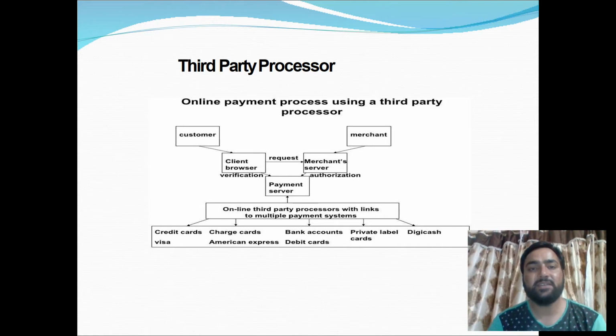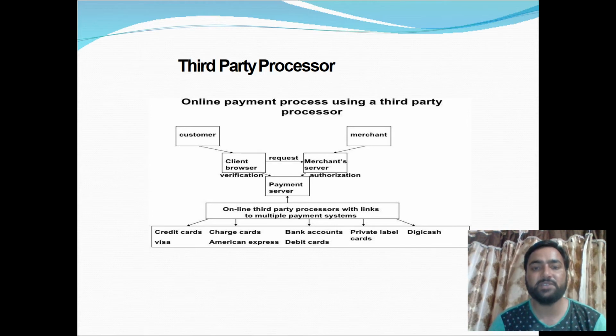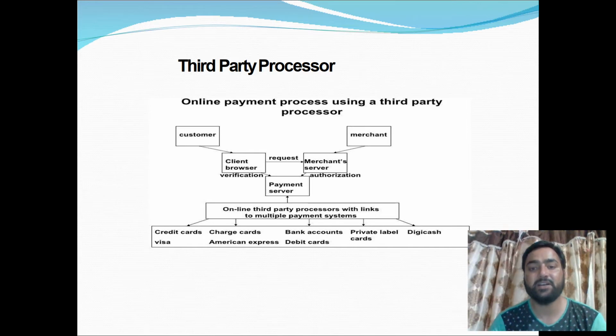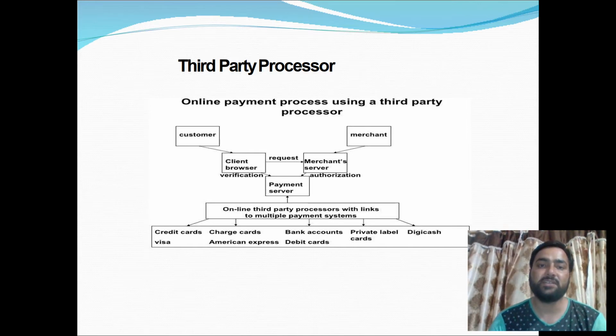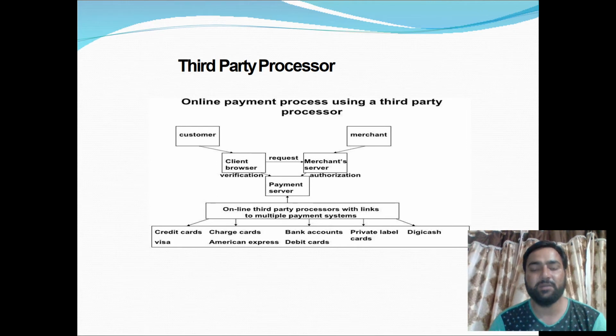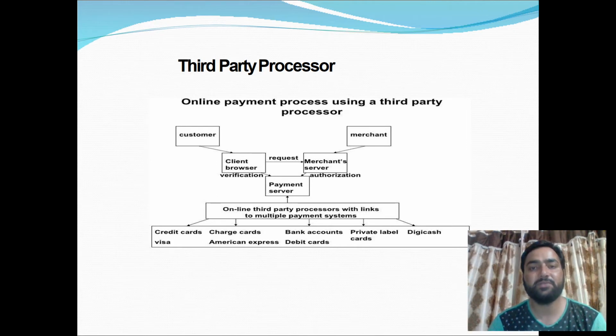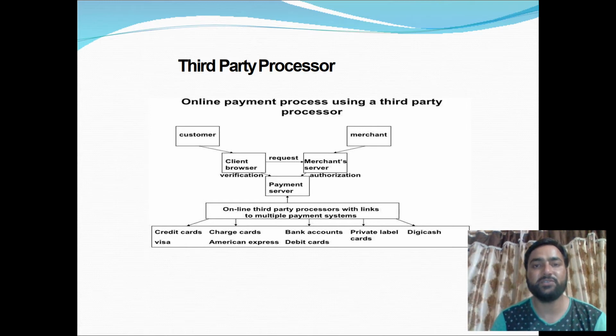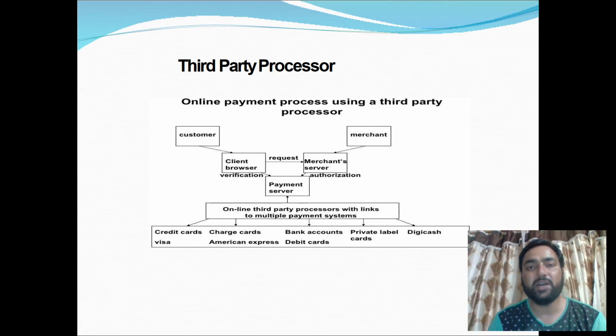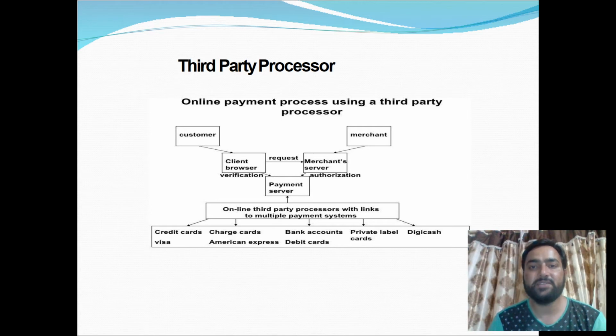That means that third-party processor has links to different payment processing systems such as credit cards, Visa, charge cards, American Express, bank accounts, debit cards, private label cards, digicash. These are various ways of making the payment over the web through that third party processor, and then the payment of that particular sale or purchase done by the user gets completed by the verification of the financial institution.